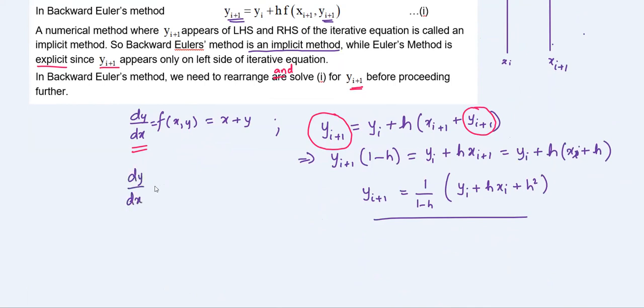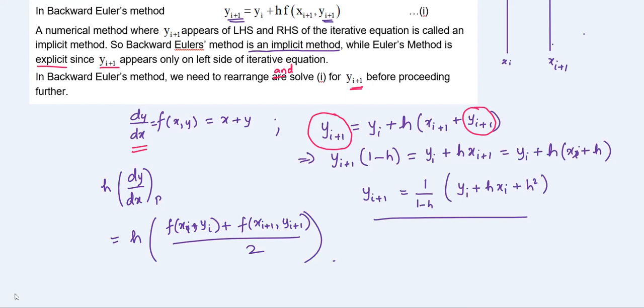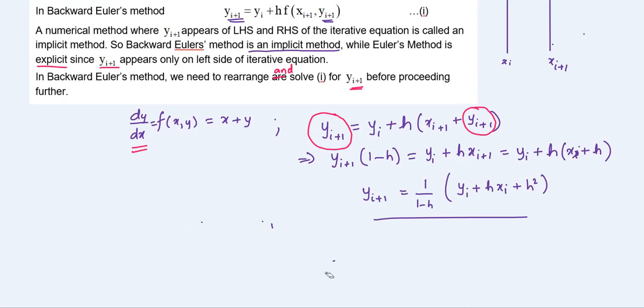Here h times dy by dx is taken as h times f of xi, yi plus f of xi plus 1, yi plus 1, by 2. So that approximation is also done. But this is partial. Again, this will have a back substitution to do.